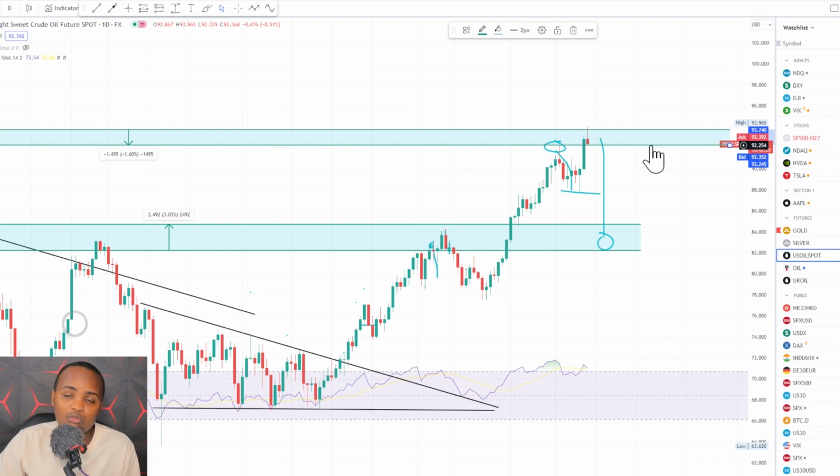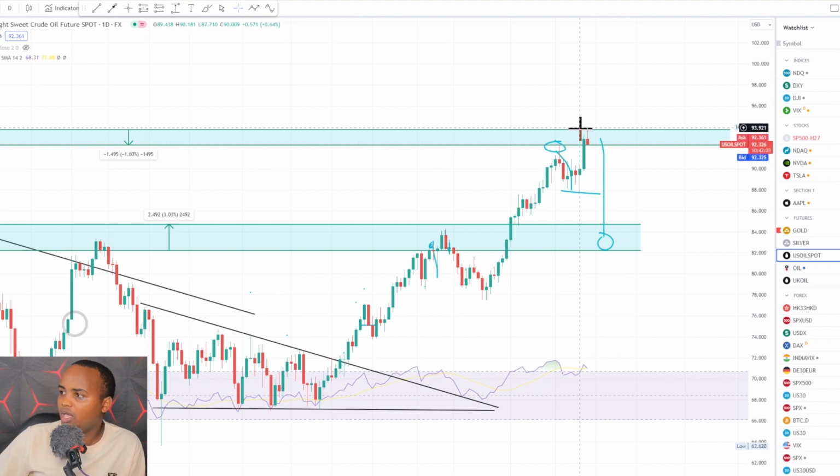The market has come all the way from around 93, 94, so around 94 there. So what you can do is divide your entries and start selling from 94, 93, 94, 93.